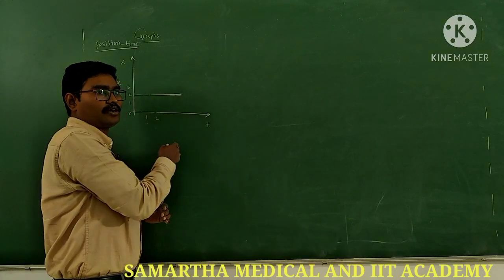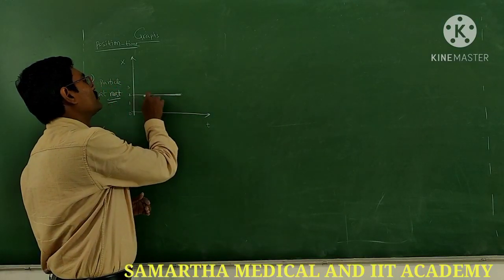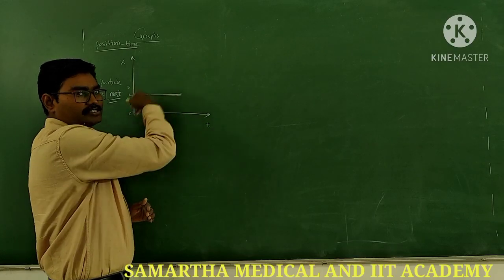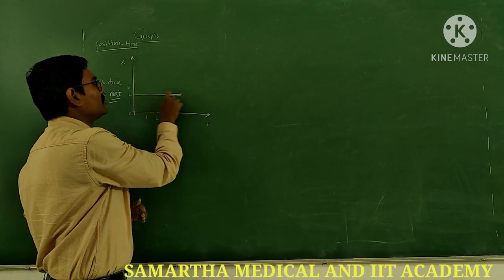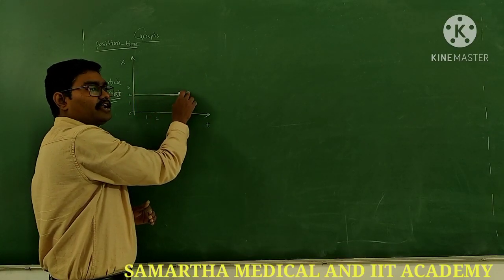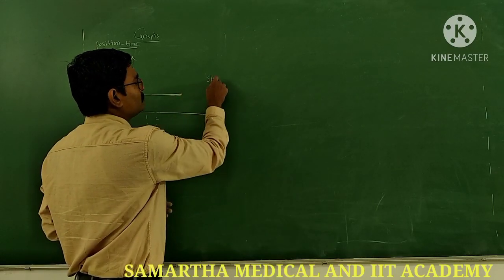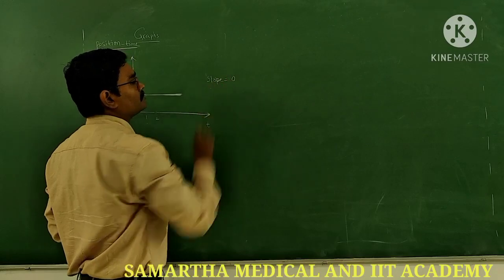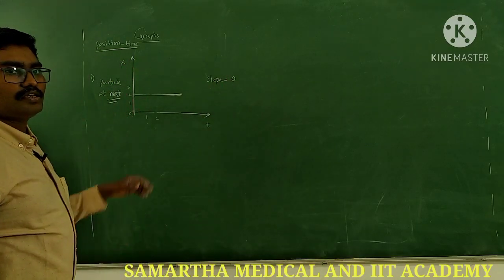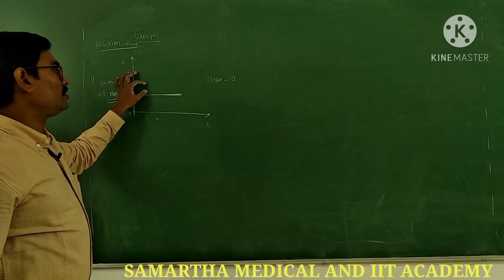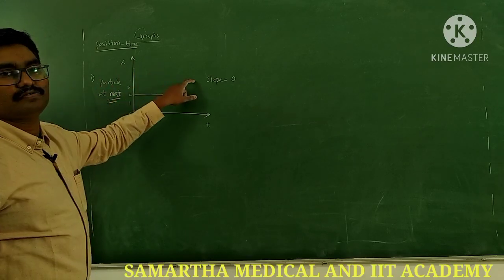It is not varying along the y direction, so it is constant along the y-axis. Change in y coordinate is 0, so slope is equal to 0. So the velocity is 0.